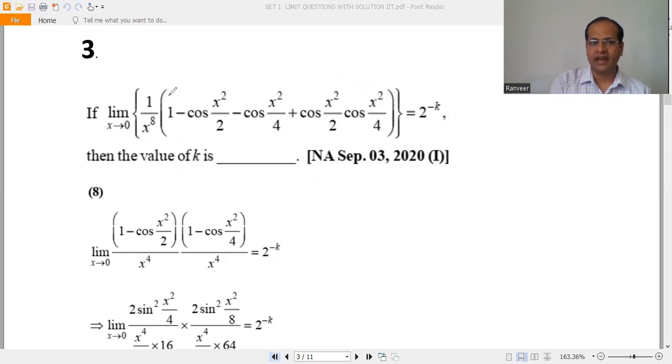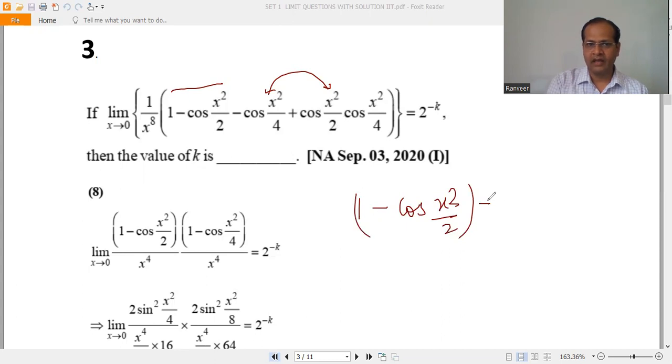So once we factorize, this is the first term, and in the cos x square by 2 we will take cos x square by 4 common. So once we take the common, this is 1 minus cos x square by 2, minus cos x square by 4.